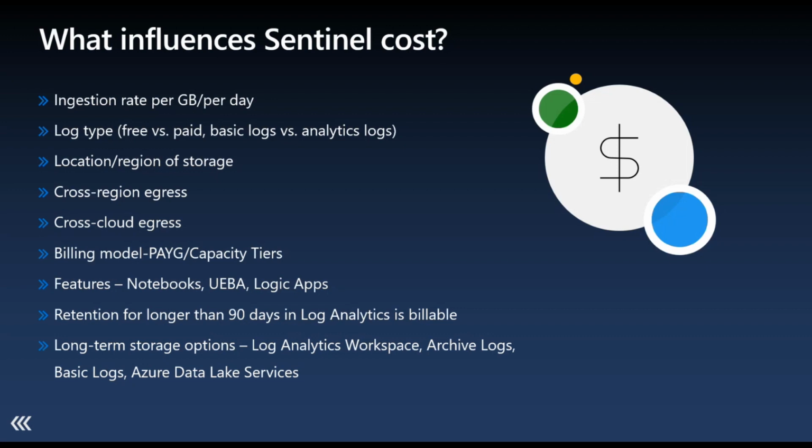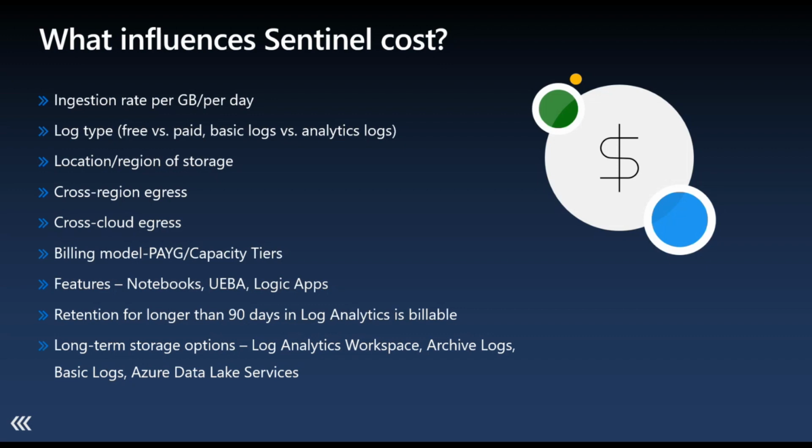We'll also talk about basic logs and analytics logs. Basically, there are different types of logs and how they're used in the SIEM workspace, and they may have different values in terms of looking for threats. If a log has a lower value, you might consider making it a basic log.